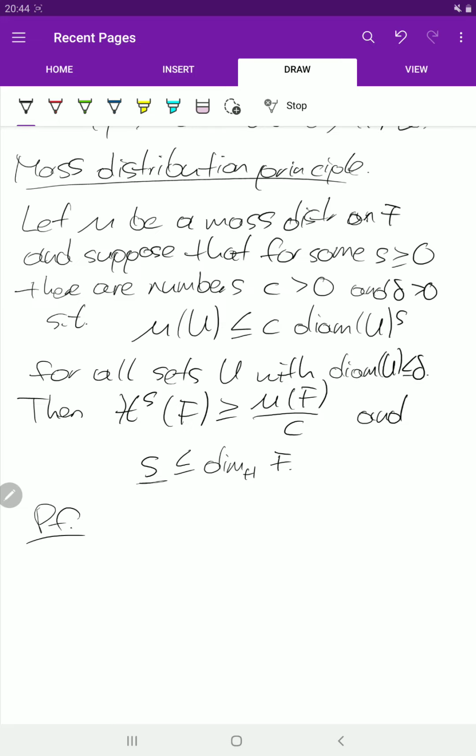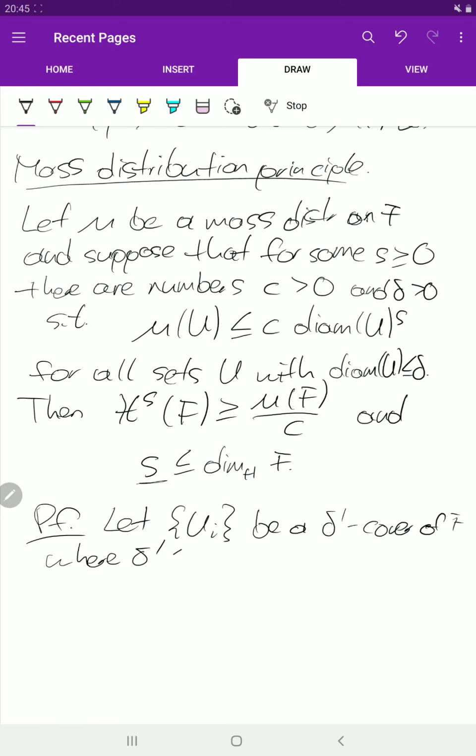Let's take a delta prime cover of F, where delta prime is less than delta.